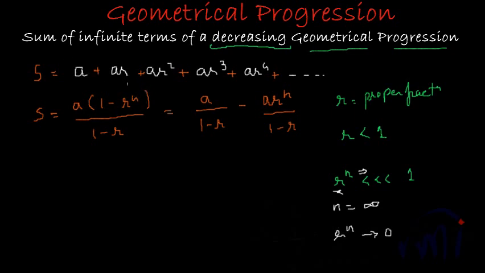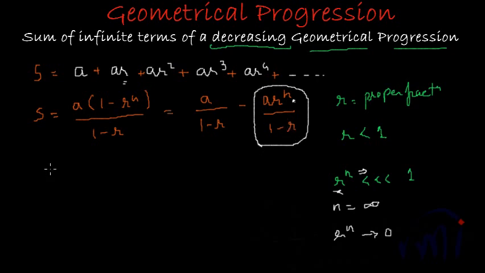So when we have r as a proper fraction, or when the common factor of a geometrical progression is a proper fraction and we are adding the infinite number of terms of that progression, then this value can be made negligible, right? Why? Because this n becomes infinite, and when the value of r is a proper fraction, this value of r to the power n becomes negligible, and that in turn makes this whole fraction a negligible value.